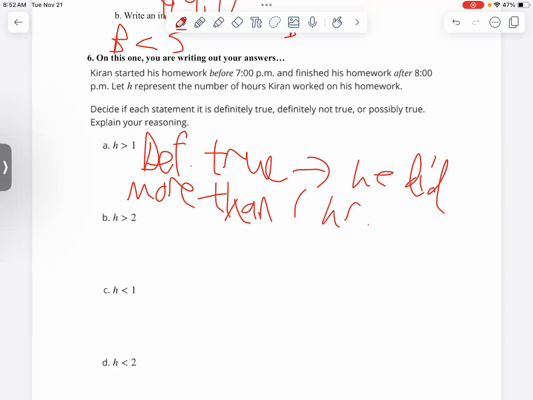Okay. The second one, did he spend more than 2 hours? Well, we just know he started before 7 and finished after 8, so he could have started at 6 and finished at 10. So that would be more than 2. However, he could have started at 6:59 and finished at 8:01, so that would not be true. So it's possibly true.